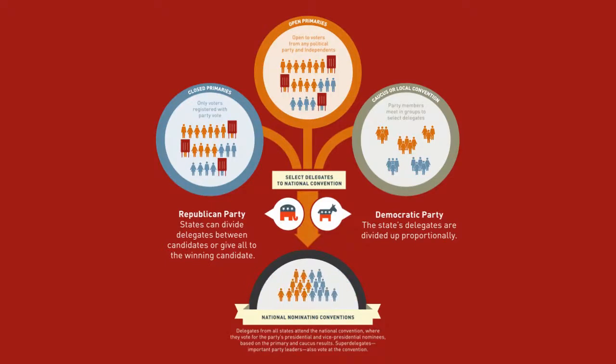But in other states, the Republican Party awards delegates in a winner-take-all method. Here, the candidate who receives the most votes gets all the state's delegates. So, a candidate who wins 51% of the votes gets 100% of the state's delegates in the National Convention.